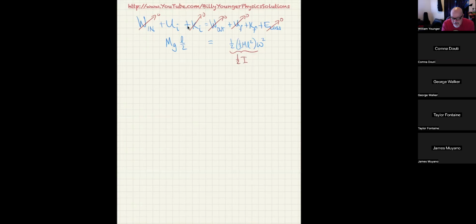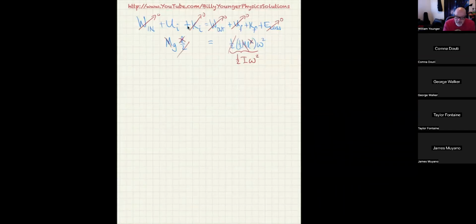So this is 1/2 I omega squared. Now you can see that the 1/2 and the 1/2 are going to cancel out, and the m and the m are going to cancel out. And you can see that the exponent of 2 on the L is going to cancel out completely with that.